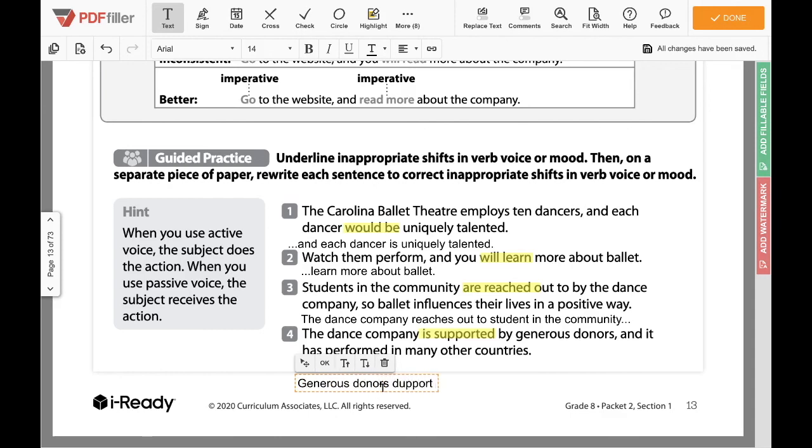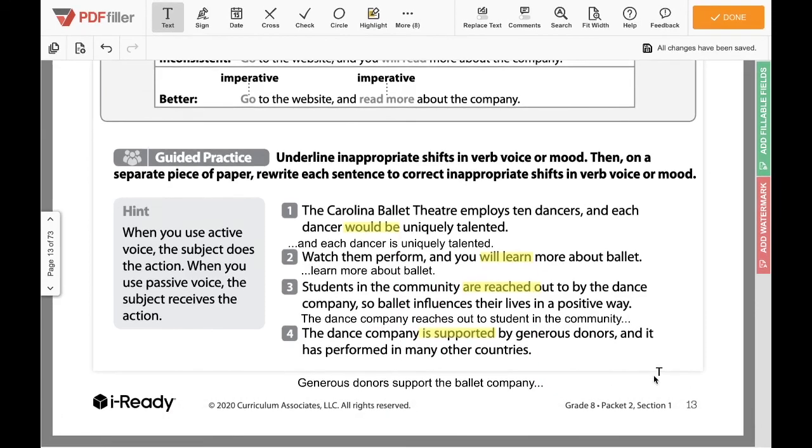Support the ballet company, and it has performed in many other countries. Donors support. Sorry, I put a D there. So that changes both of those to active voice. You could have changed both of them to passive voice on either 3 or 4. That's just up to you.